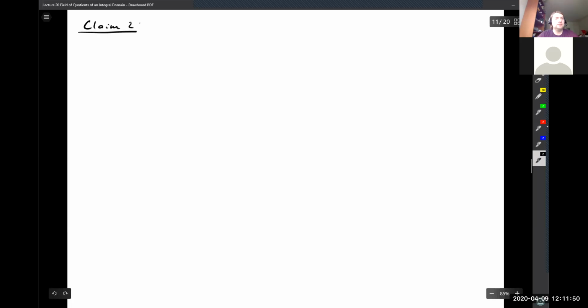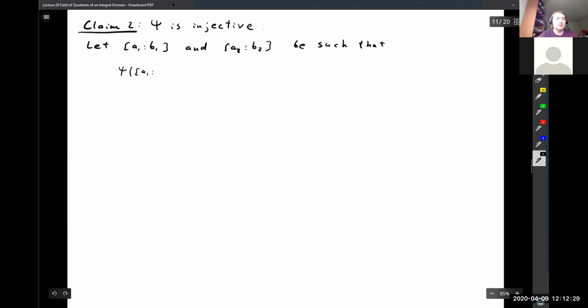So let's take A1 over B1 and A2 over B2, and let's assume that the psi of the first fraction is the same as the psi of the second fraction, psi of A1 over B1 equals psi of A2 over B2.